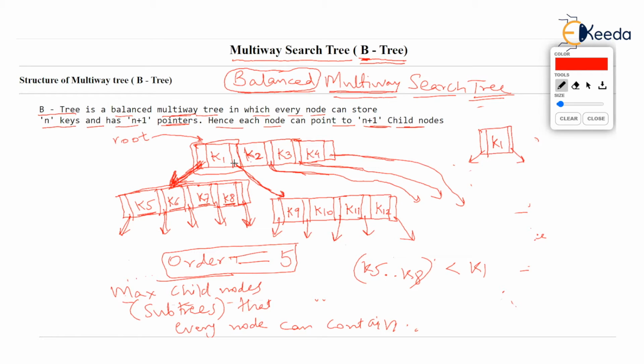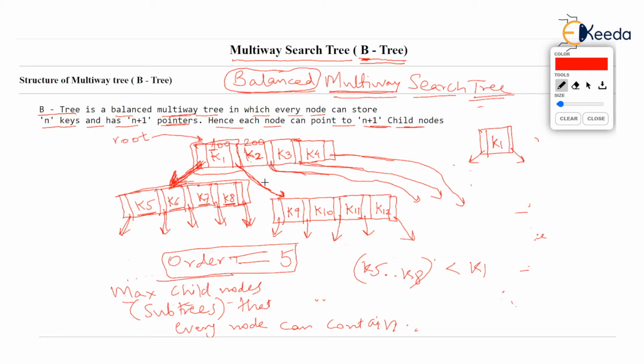We still have the less than, greater than rule. Which keys can be stored to the left of K2? The keys that are smaller than K2 can be stored to the left of K2, and the keys which are greater than K1 can be stored to the right of K1. So just imagine for some time, K1 is 100 and K2 is 200.